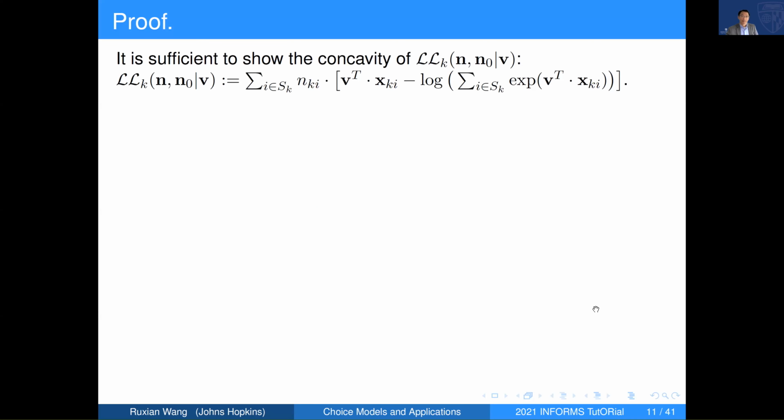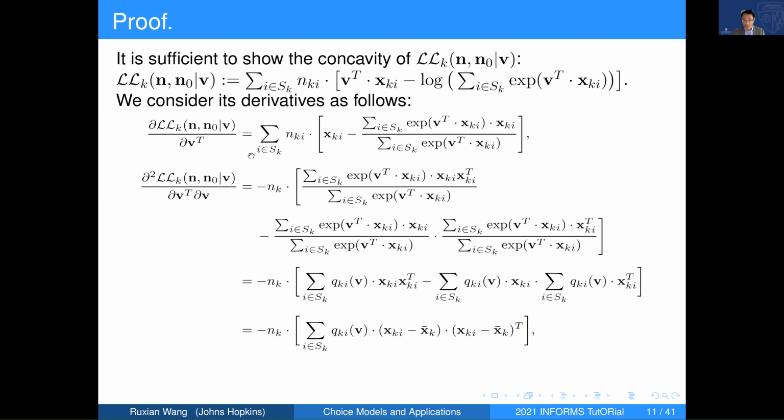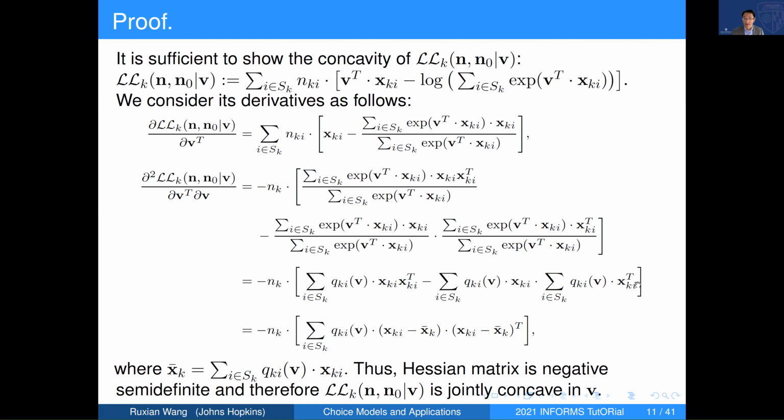A little bit more detail about the concavity of the log likelihood function. Here is the log likelihood function for each scenario k, and we consider the derivatives. This part is quite important. And for the Hessian matrix, we can find this one is negative semi-definite, because the Hessian matrix can be expressed in this way.